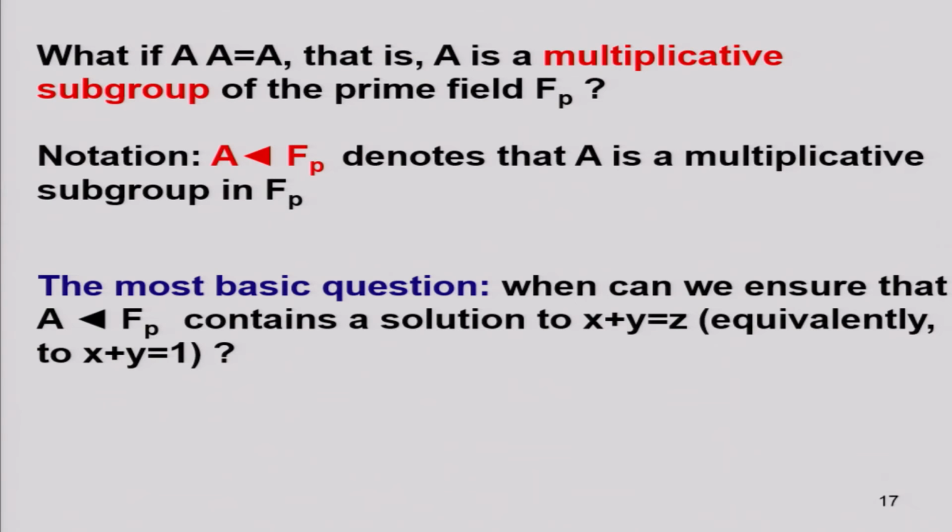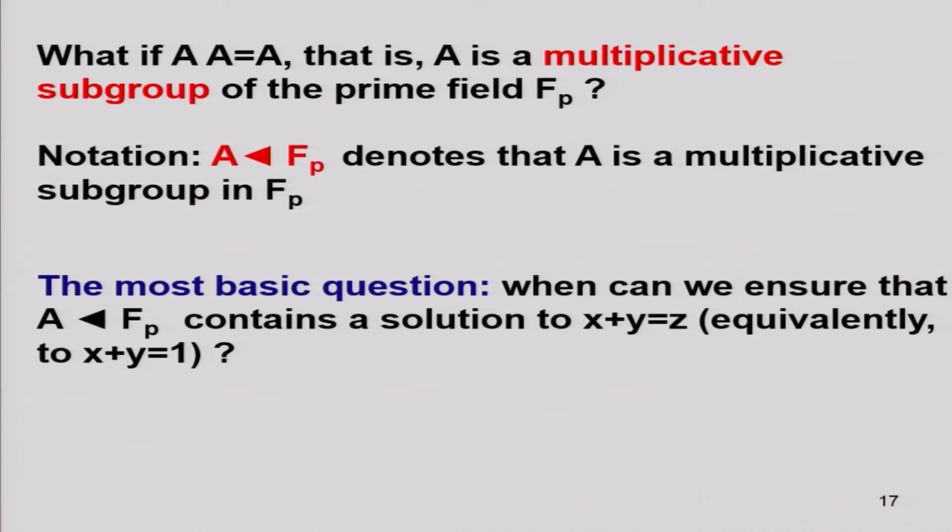And maybe the most basic question, although I'll later talk also about some more complicated ones, is when can we ensure that this multiplicative subgroup is not sum-free, has one additive relation, has x, y, and z, so that x plus y equals z.